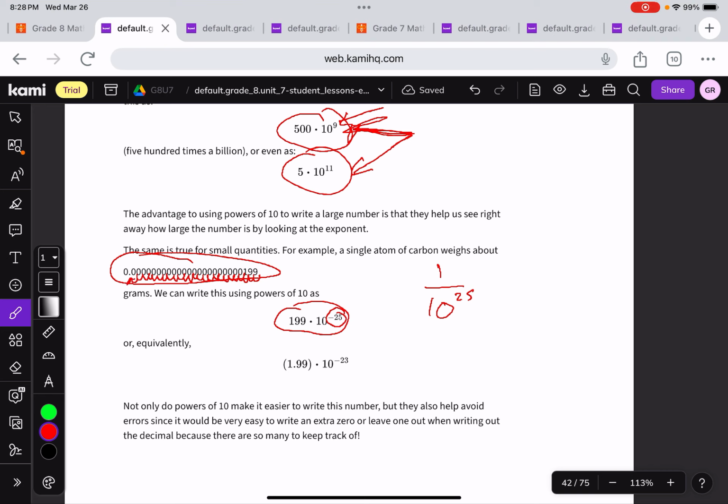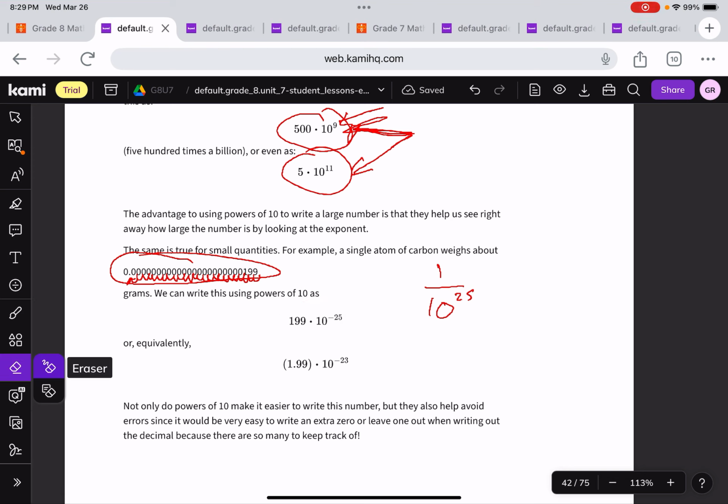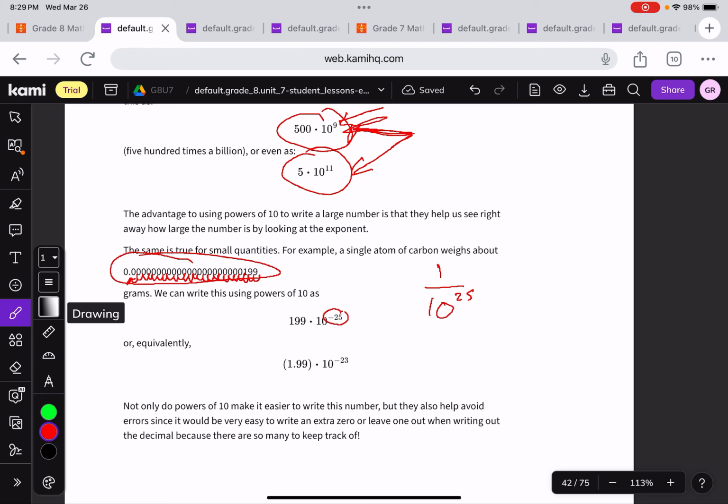I didn't think it would work out. It took 25 place values to get back to the decimal, which is a shortcut. It's kind of a math hack, which is why we say I've got to go back 25.